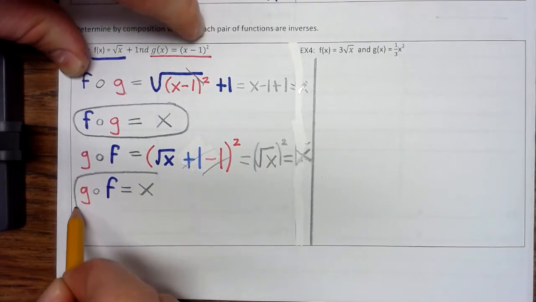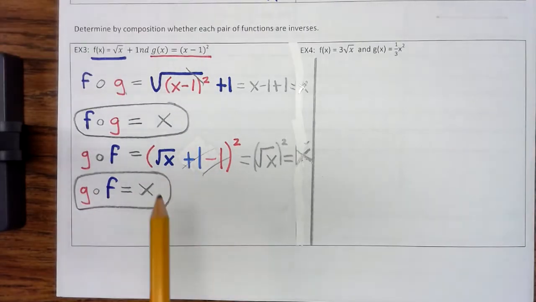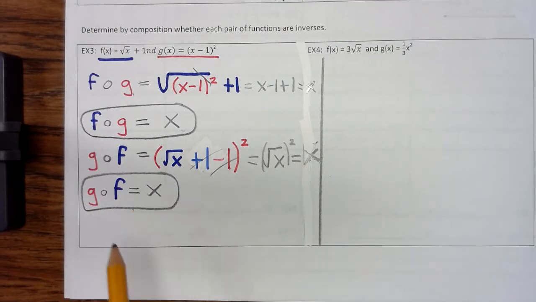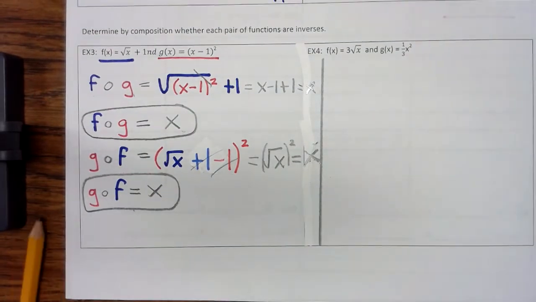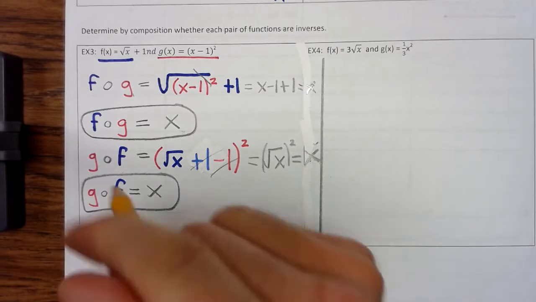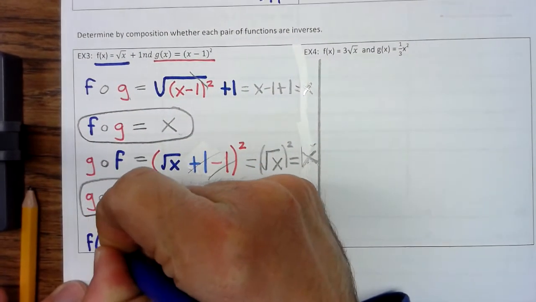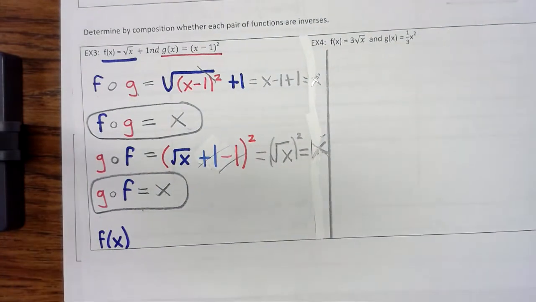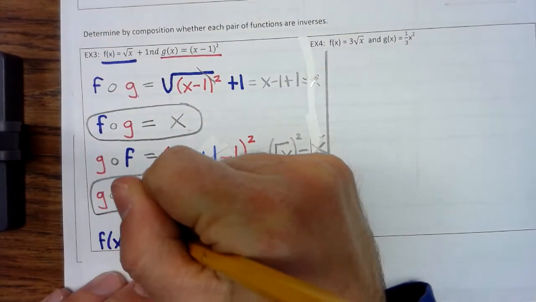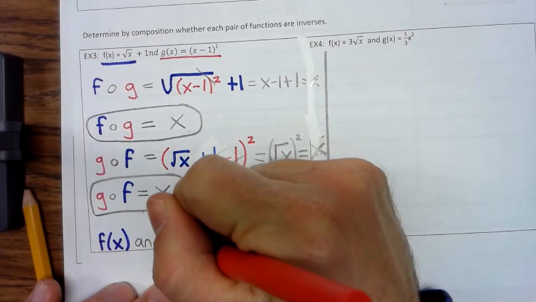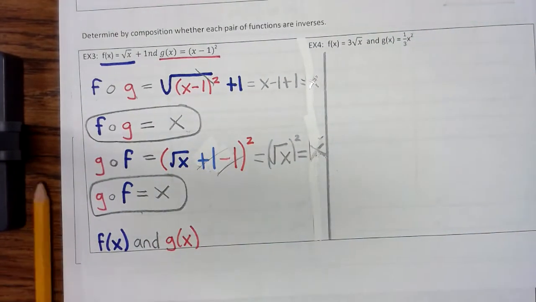And f of g equals x. So we have f of g equals x and g of f equals x. So from our notes, we can say that f of x and g of x are inverses.